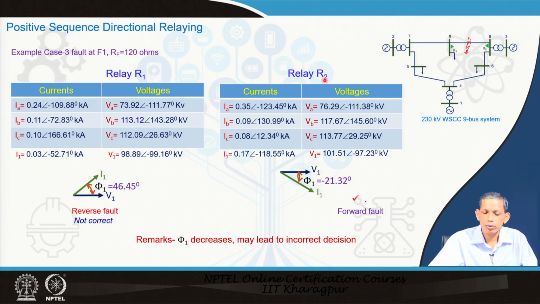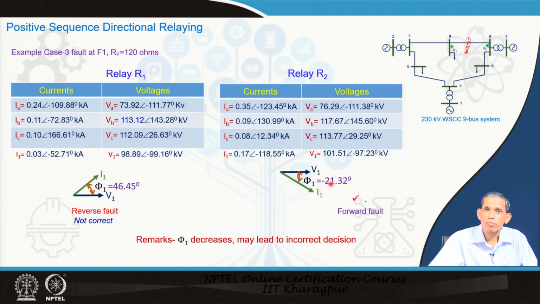Now, for relay R2 we have a set of currents, a set of voltages, and the positive sequence current and positive sequence voltage computed, minus 118.55 degree minus minus 97.23 degree gives minus 21.32. This is negative, means forward. So, relay R2 sees the fault in forward direction still.